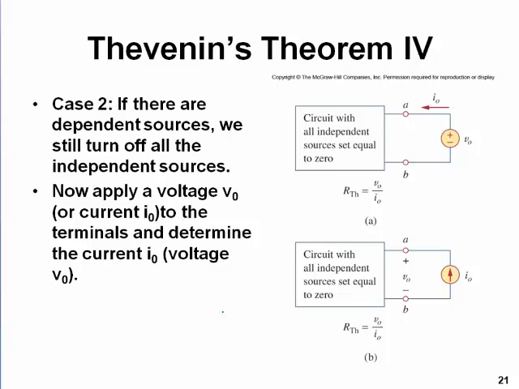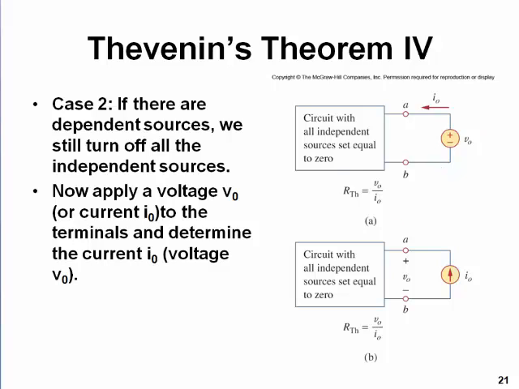Case 2 is that there are dependent sources. This is more complex. First, you turn all the independent sources off, but you always have to leave the dependent sources on, and you put some voltage here. It's nice to use 1 volt because it's a convenient number.